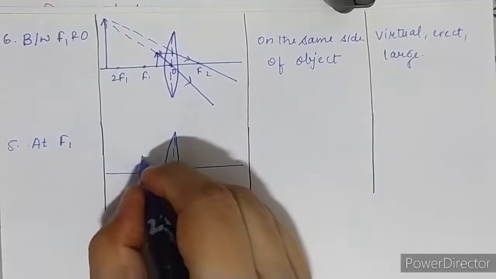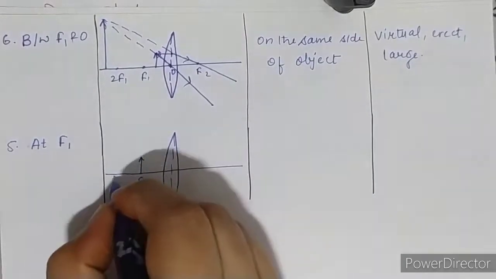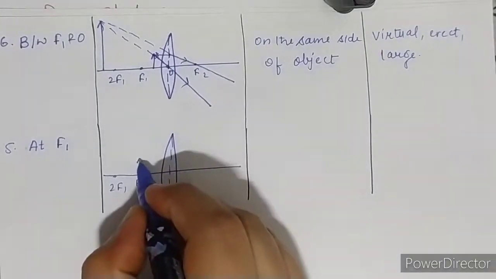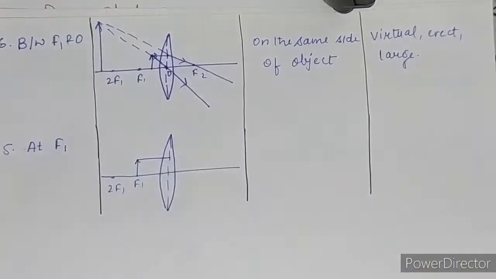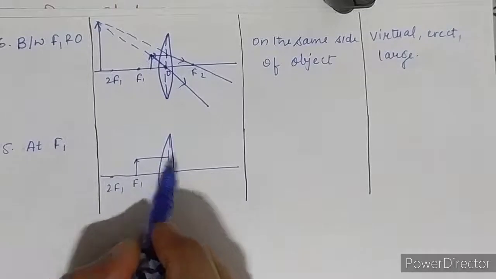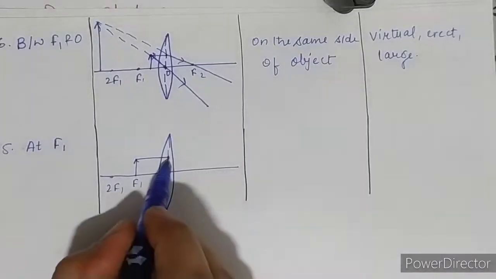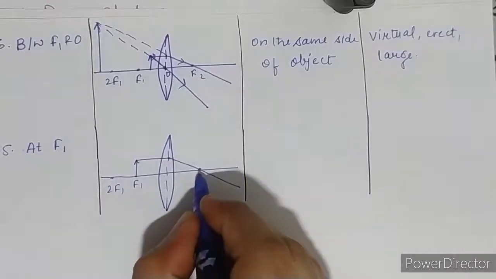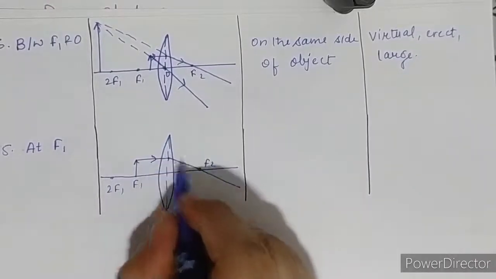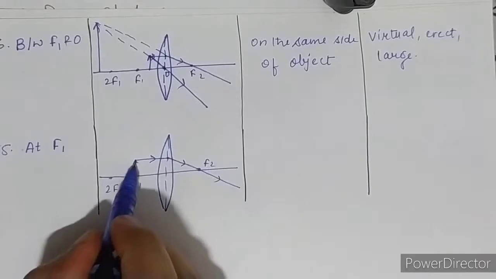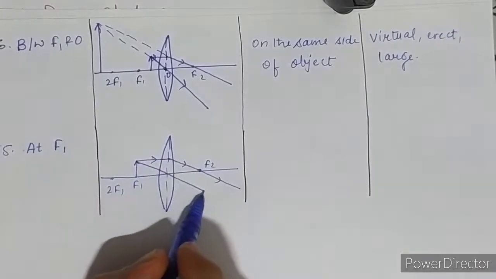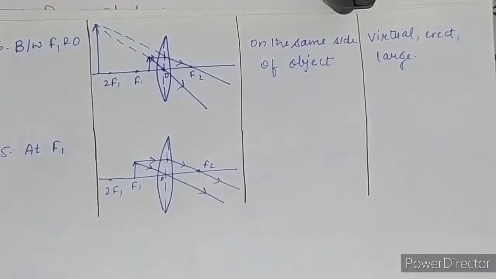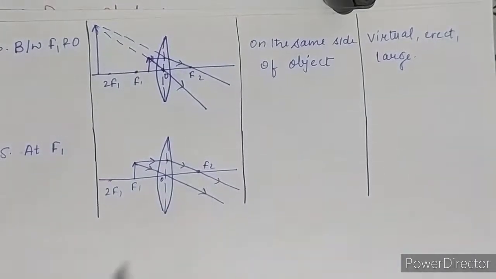Now the object is at f1. So when the light rays come parallel, they pass through the focus point f2, and the next ray goes through the optical center. Then both are parallel to each other.